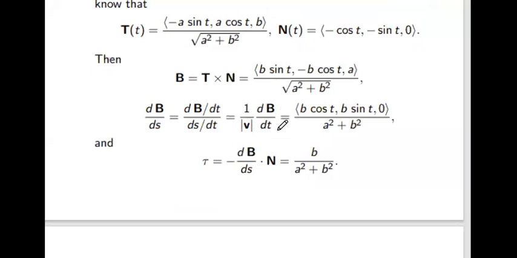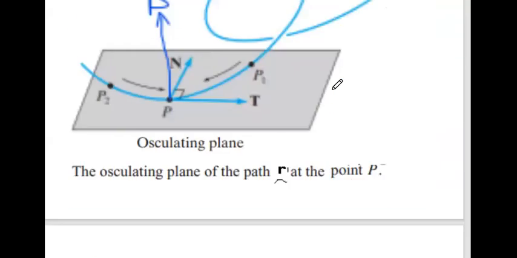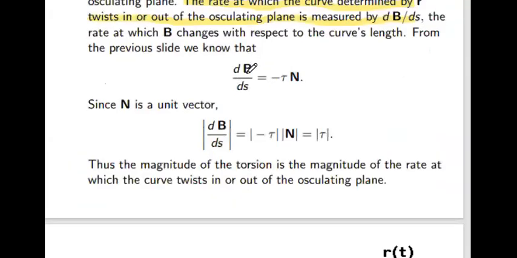Look at this, because B is expressed in terms of t here, not in terms of s. We have to write B in terms of s to calculate torsion.